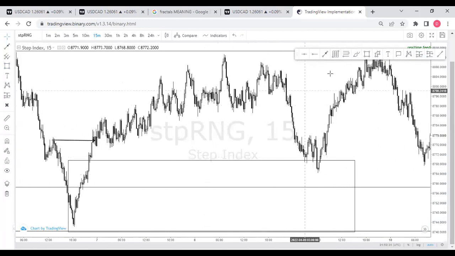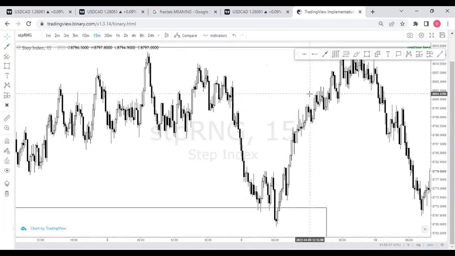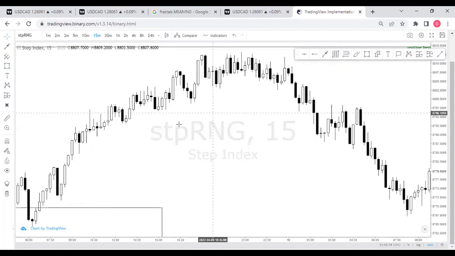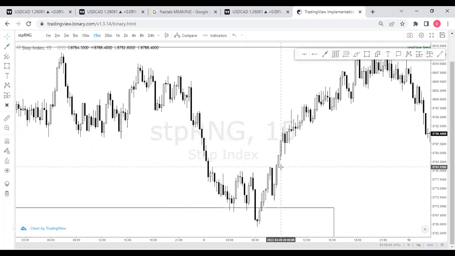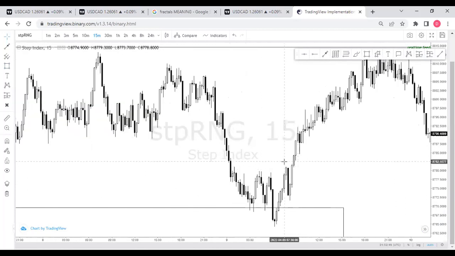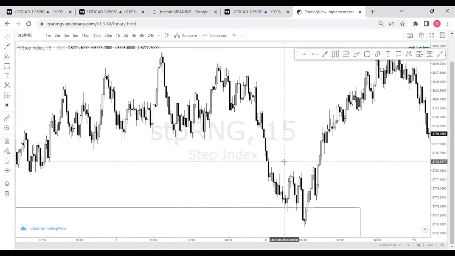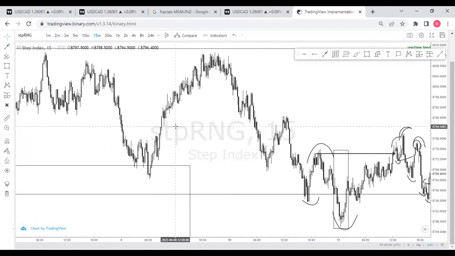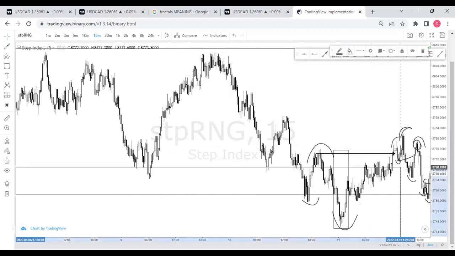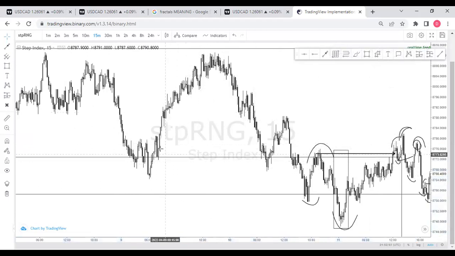And then on price coming back, what happened here inside of this new area? Let's zoom in so we can see it clearly, very clear. So this is it right here.